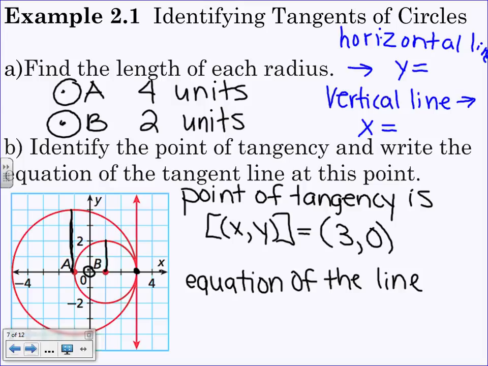The reason I think you get this confused is that this line is vertical, so we say x equals something, but this line runs the same way as the y-axis does. The equations run perpendicular to their axis. So I just told you this line was vertical, so our equation is going to take the form of x equals.